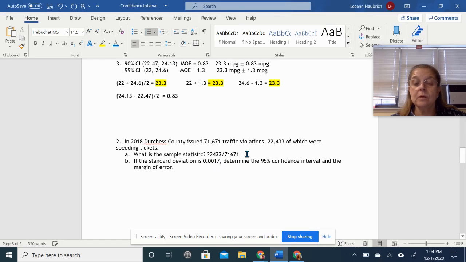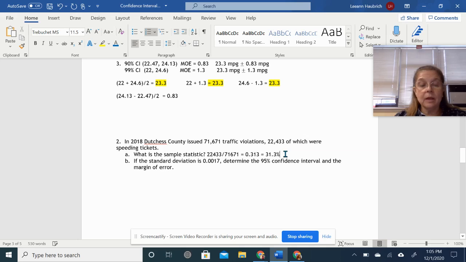The sample statistic here is 0.313. In percentage form, that's going to be 31.3%.